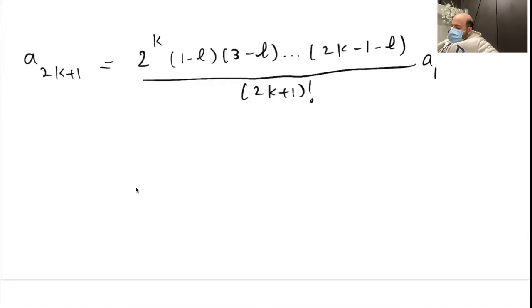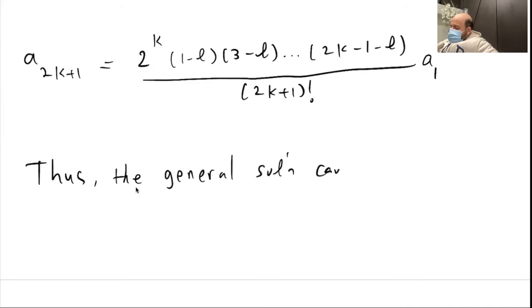And then now that we have all the coefficients in terms of A0 and A1, we can write the general solution. So hence, the general solution can be written as follows.